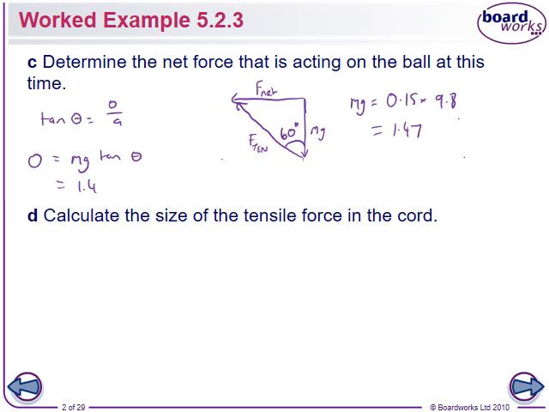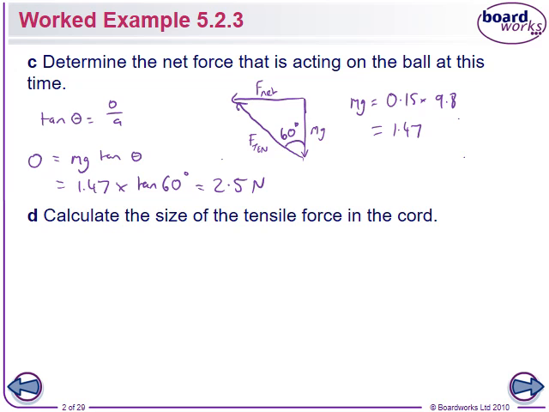So 1.47 multiplied by the tan of 60. 2.5, excellent. So 2.5 newtons is acting on the ball.